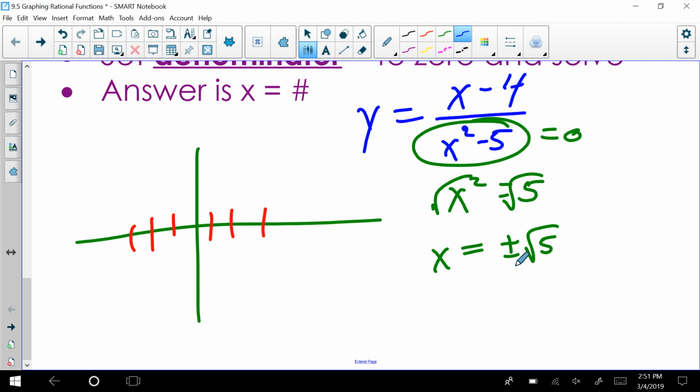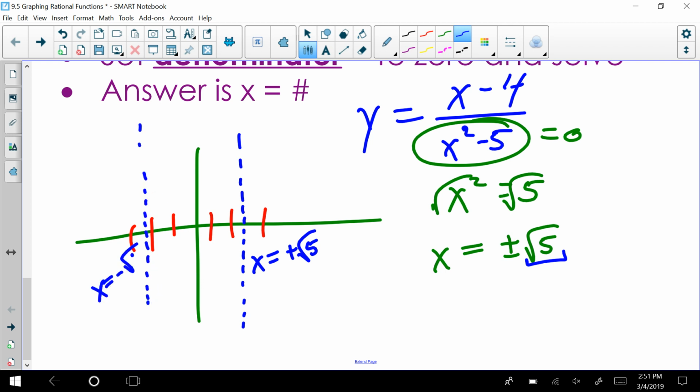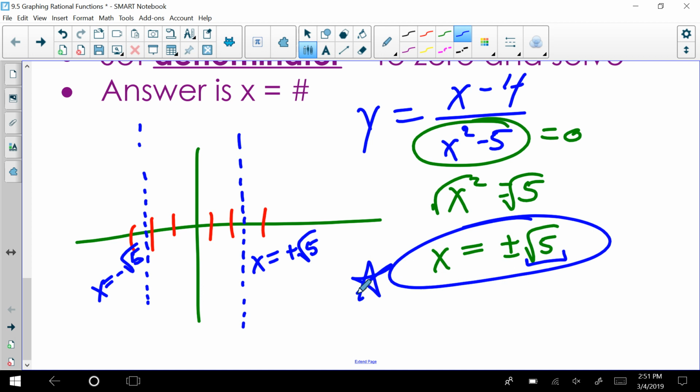The square root of 5 is between 2 and 3, so it would look something like this. That would be the positive version, x equals positive square root of 5, and over here I would have x equals negative square root of 5. But for now, all we really need to do is find these two equations.